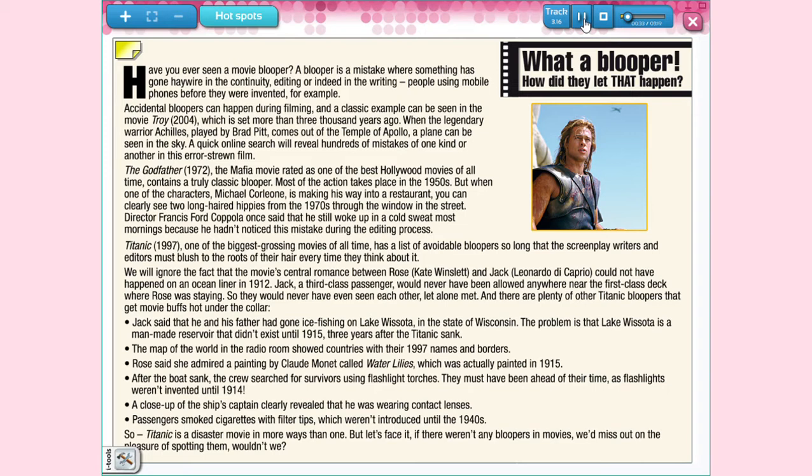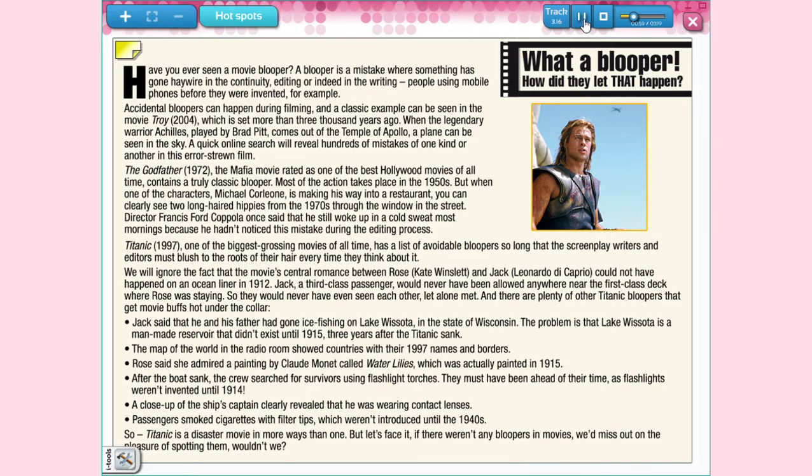When the legendary warrior Achilles, played by Brad Pitt, comes out of the Temple of Apollo, a plane can be seen in the sky. A quick online search will reveal hundreds of mistakes of one kind or another in this error-strewn film. The Godfather, 1972, the mafia movie rated as one of the best Hollywood movies of all time, contains a truly classic blooper.